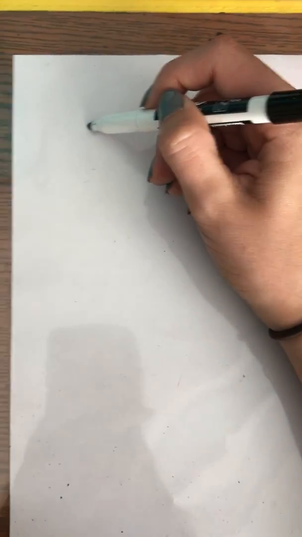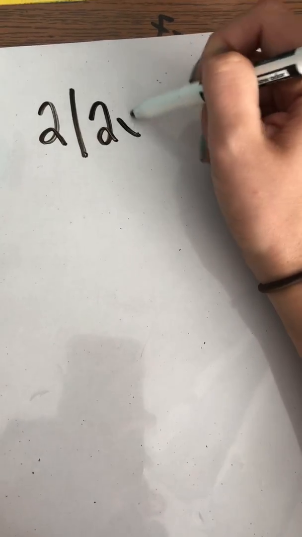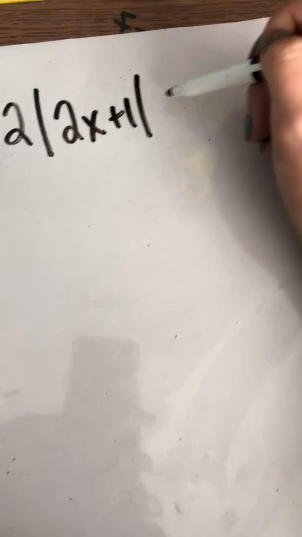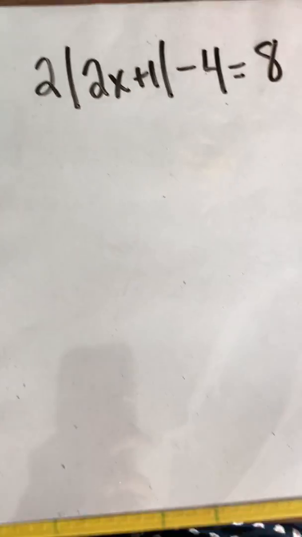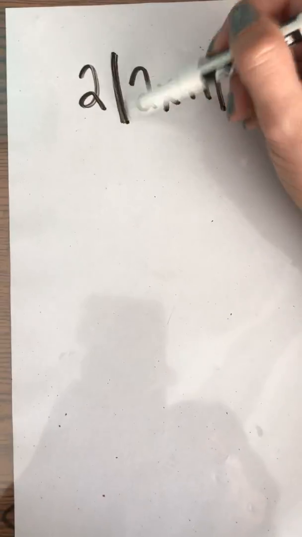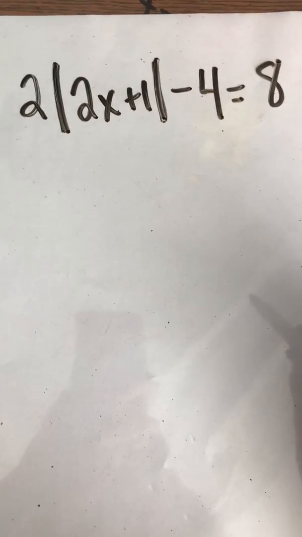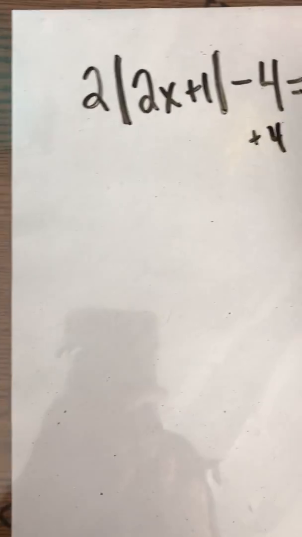Okay, one more example without a graph. Imagine I had the equation 2 times the absolute value of 2x plus 1, minus 4 equals 8. So I need to be able to solve this absolute value equation. The first thing I need to do is isolate the absolute value. So I'm going to add 4 to both sides first.